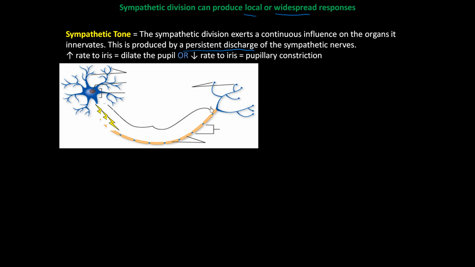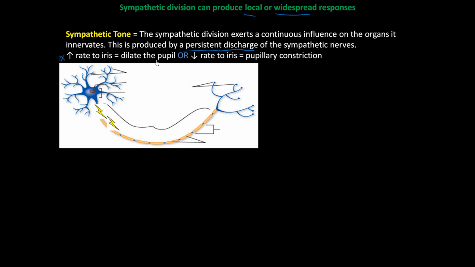For example, if I increase the rate to the iris, if I stimulate this cell body faster, there are going to be faster action potentials. And that's going to cause dilatation of the pupil. So your pupils are going to become enlarged.